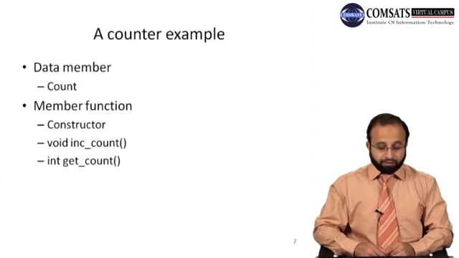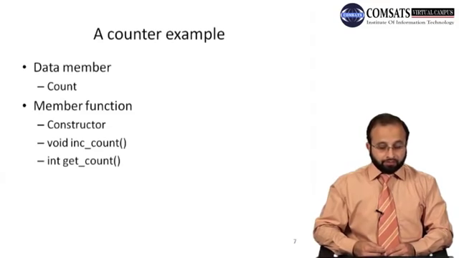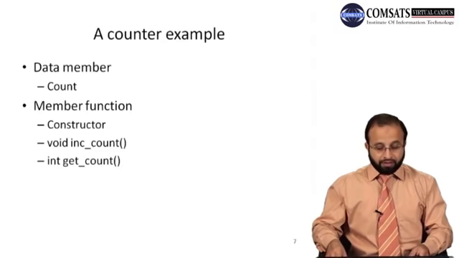The return type of increment count is void. It just increments the count by one. And get count returns an int. In this class we have only one private data member, that is count. The object of this class is used to count some kind of event or occurrence. And we have three functions. The first function is the constructor and the other two are increment count and decrement count.